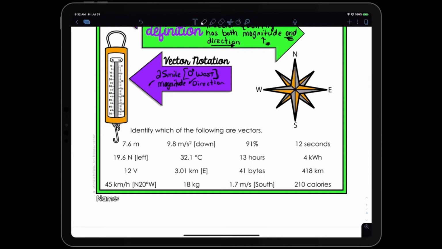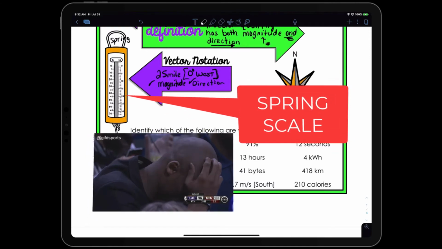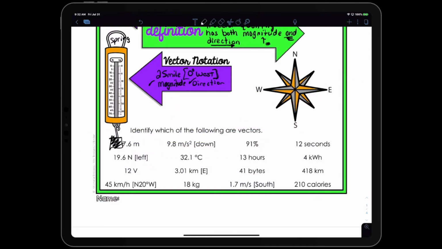that means that that is a vector quantity. Now, on the left-hand side, you have what's called a spring balance. As soon as you put a weight on the end of this, the gravitational pull of the Earth is going to cause this weight to pull downwards on the spring. Whatever the amount of mass that we put on that, that's going to cause the spring to lower to different heights.